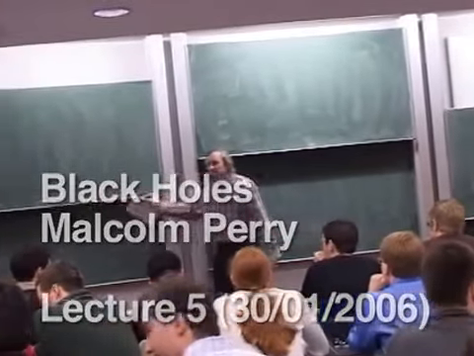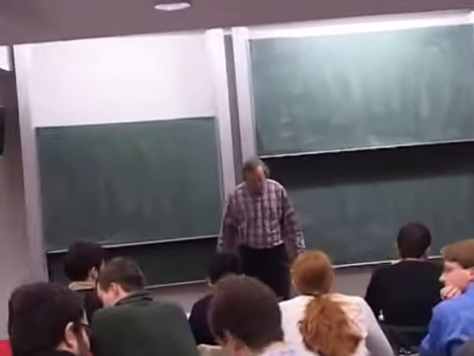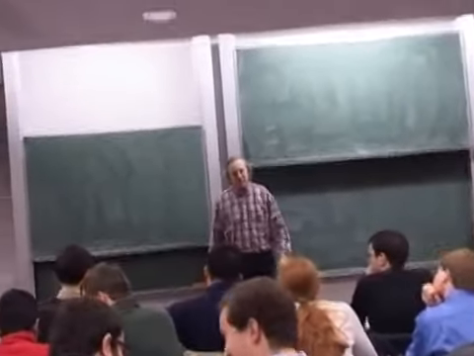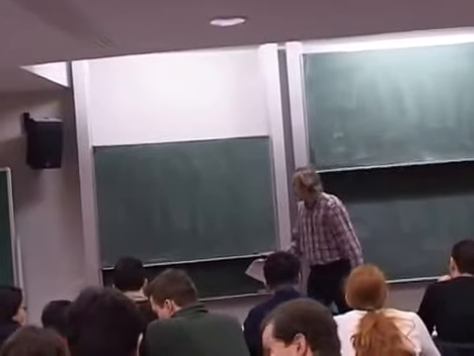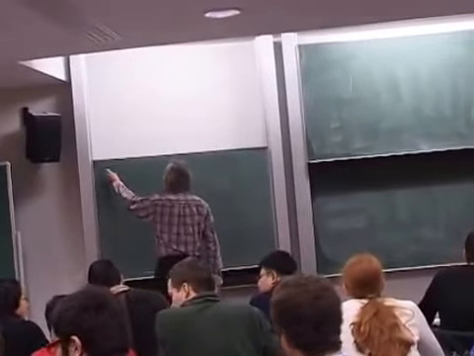Right, so what we should do now is to look at some other black hole spacetimes. So I'm going to look first of all at the Reissner-Nordström solution.